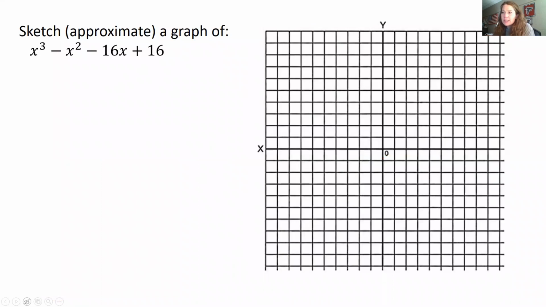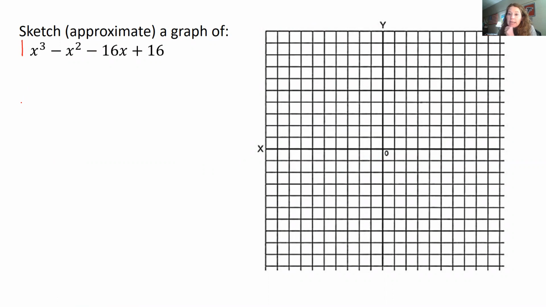All right, now this one, if you notice, is a third degree polynomial, right? Our leading coefficient is a +1. So we're not going to figure out exactly what this graph is going to look like because it would actually take us calculus to do that. However, we can figure out approximately what it will look like.